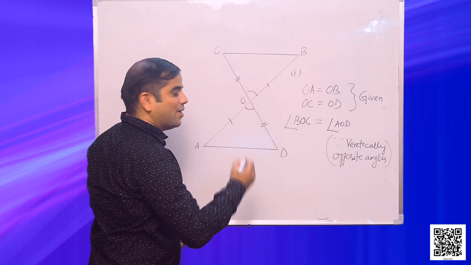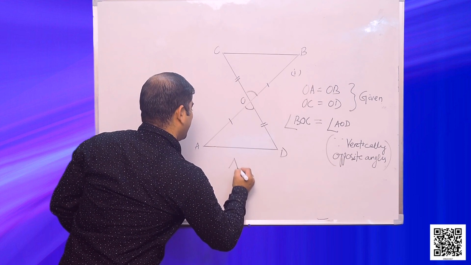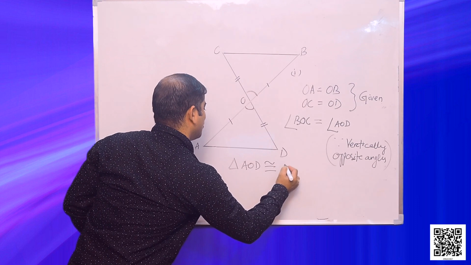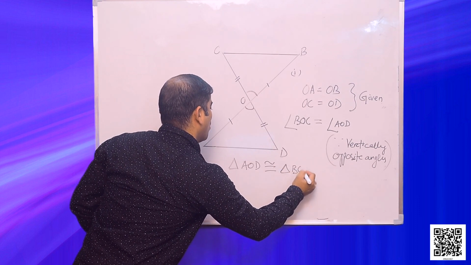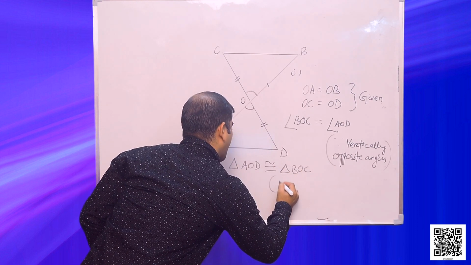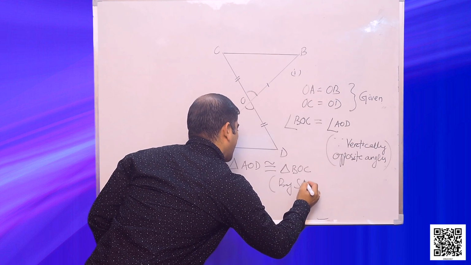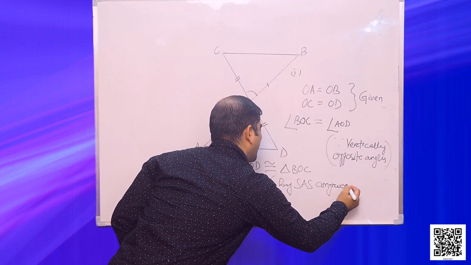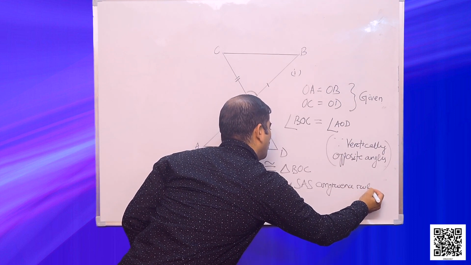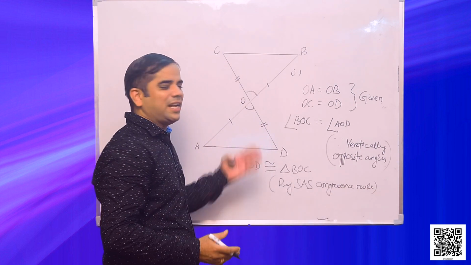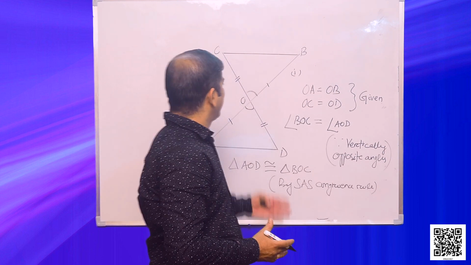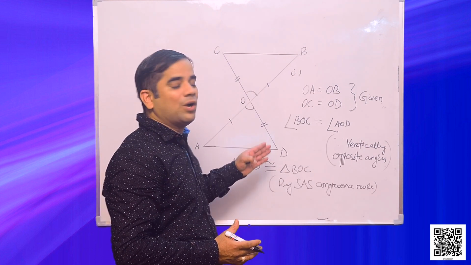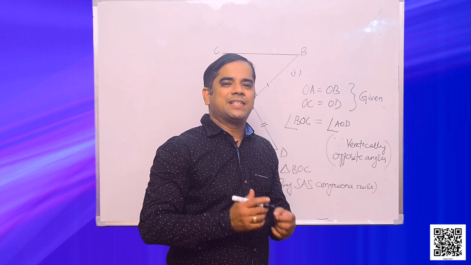So, finally, we can write that triangle AOD is congruent to triangle BOC by SAS congruence rule. Fine. So, in this way we have proved that triangle AOD is congruent to triangle BOC.